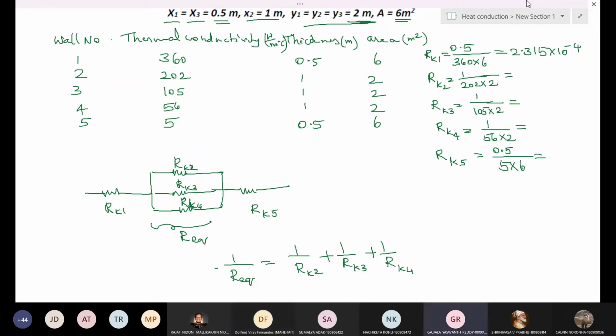0.014. Which one are you telling? RK2. 0.012.